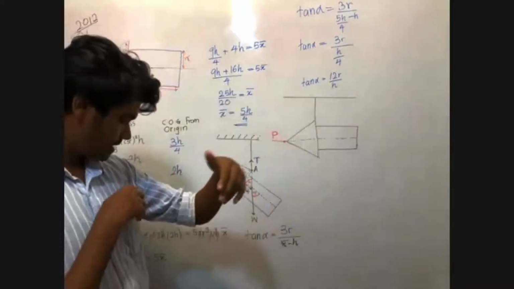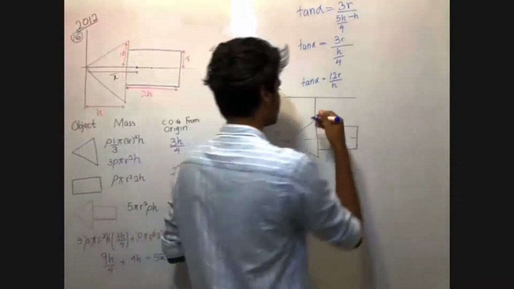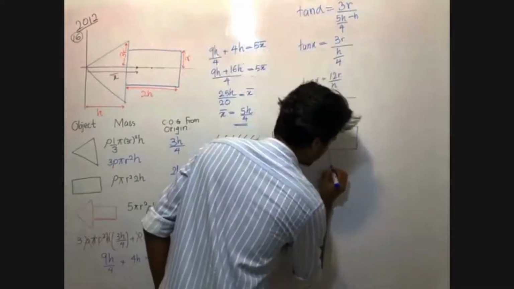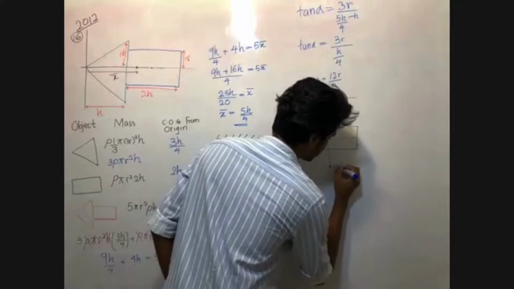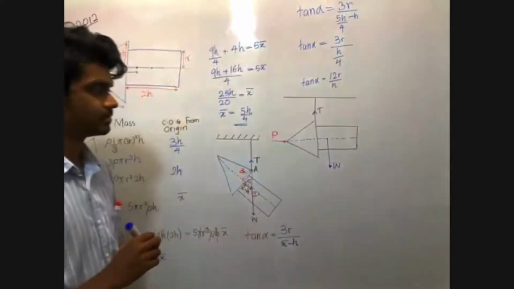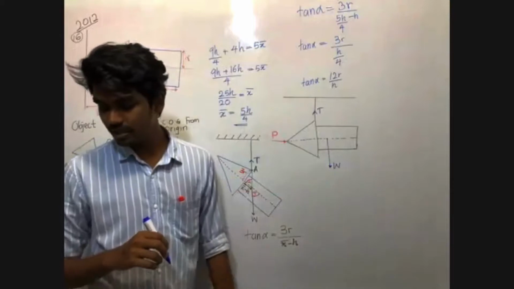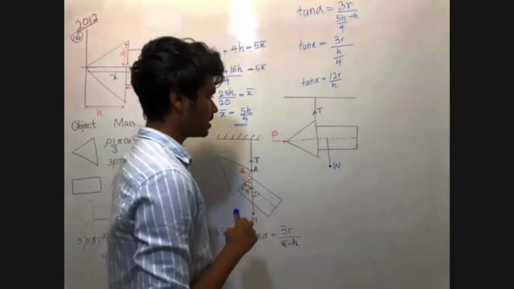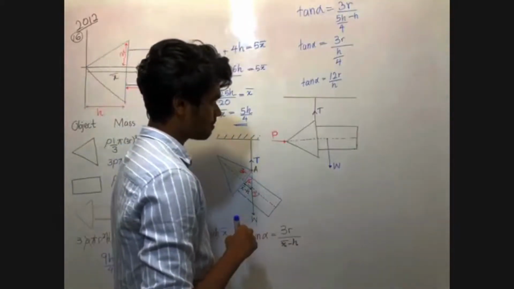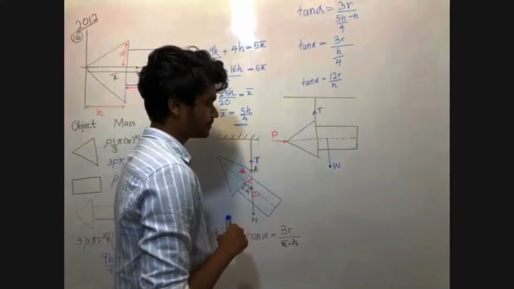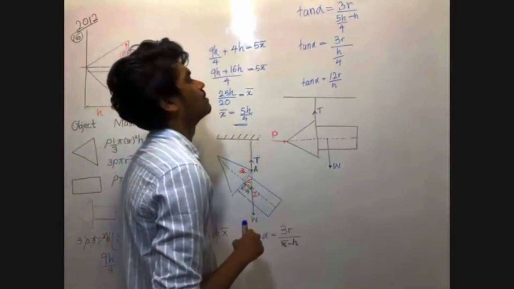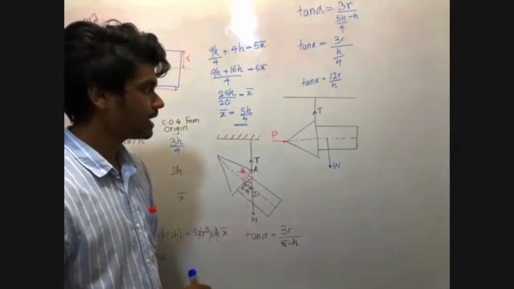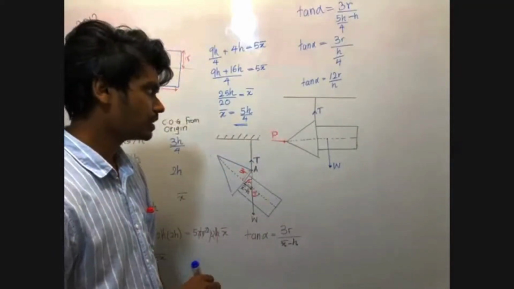So when this is in equilibrium, what happens? So this is the tension. So the weight is here. They have allowed us to take the weight as W. By applying this, you can keep it vertical.